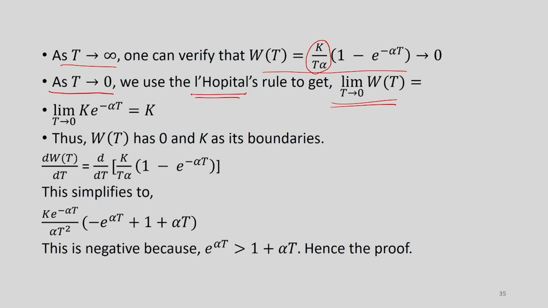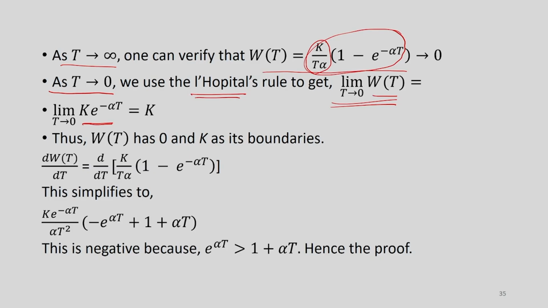So, we differentiate both the numerator and the denominator in this expression with respect to capital T. And if we do so, basically Wt becomes this expression, which is capital K multiplied by e to the power minus alpha t.